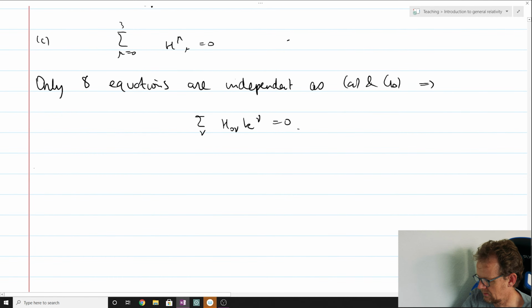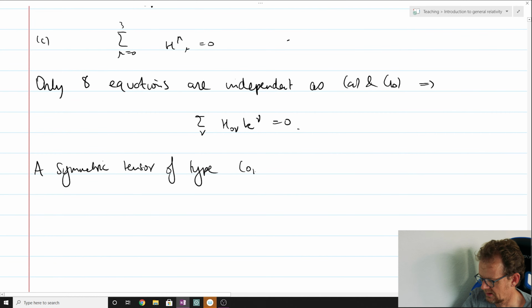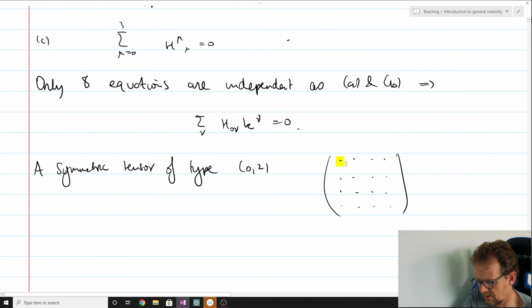And now, what have we got to solve for? How many degrees of freedom do we have left? Well, a symmetric tensor of type (0,2) has how many degrees of freedom? Well, it's a matrix with 4 rows and columns, and it's symmetric, so you only have to worry about the diagonals.